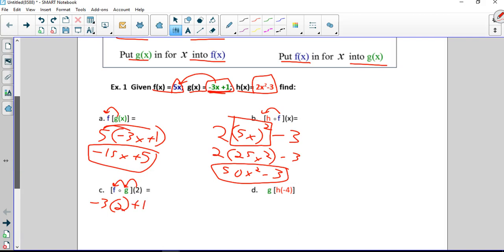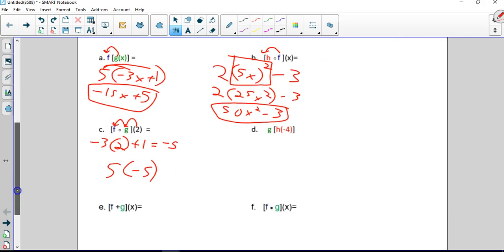Now I'm going to evaluate that. 2 times negative 3 is negative 6. Plus 1 is negative 5. I'm going to take that new number, negative 5, and put it into f, which is 5 times x, which I just said was negative 5. Which will give me my new number of negative 25.